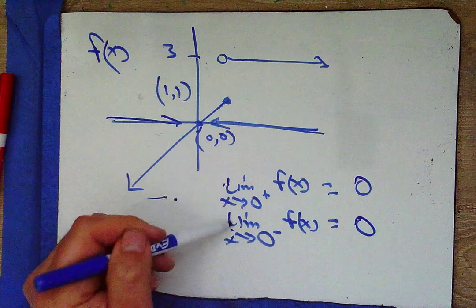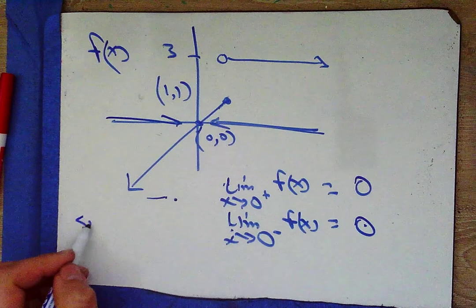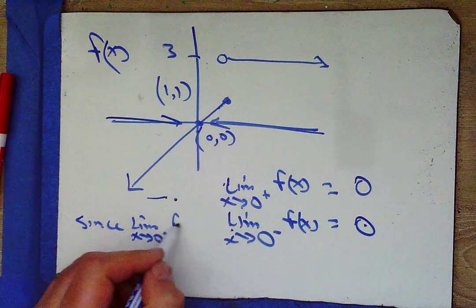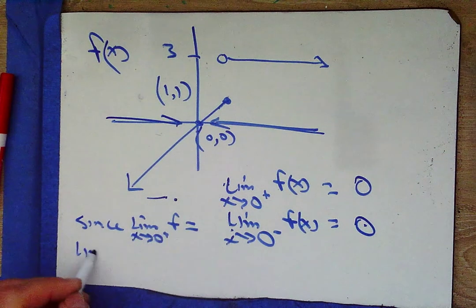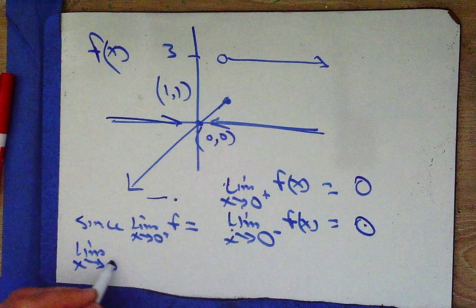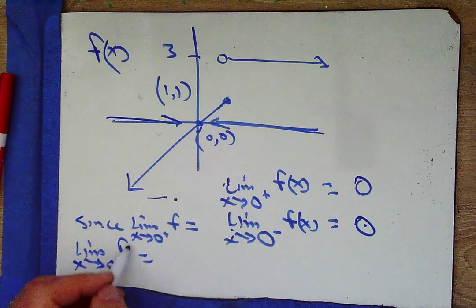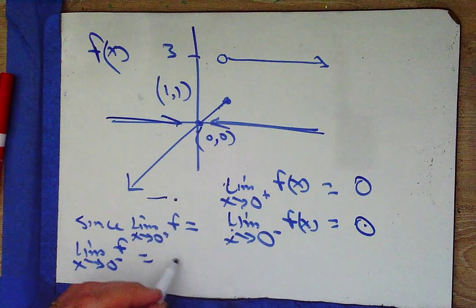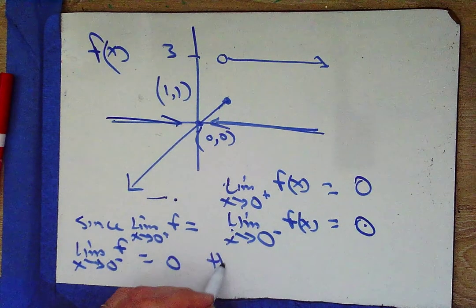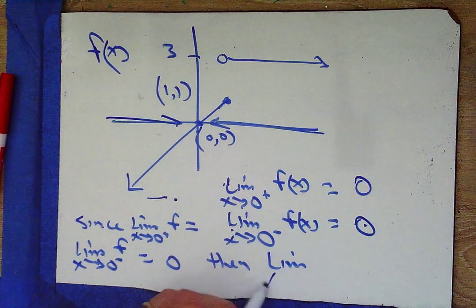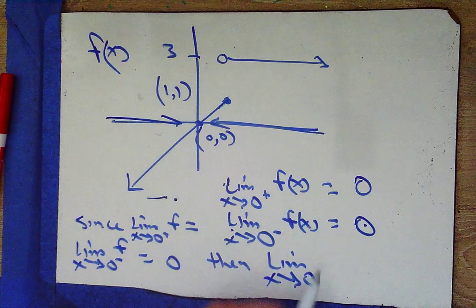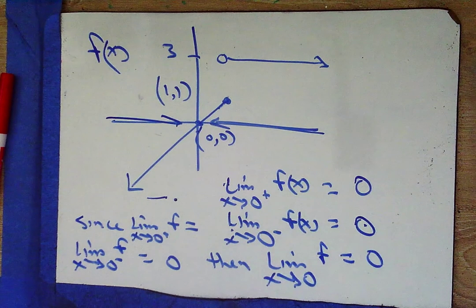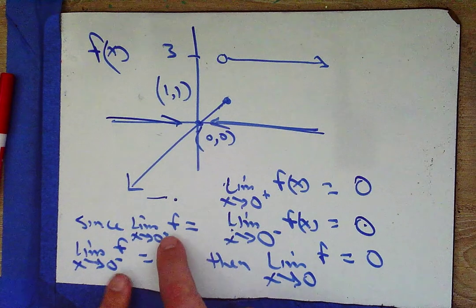And since these limits are equal, since the limit as x heads to 0 from the positive side equals the limit as x approaches 0 from the negative side of f, you've got to tell me the limit of what? I need that f equals 0, then the limit as x approaches 0, not from the left or right, just the limit, is 0. So these two limits have the same value.